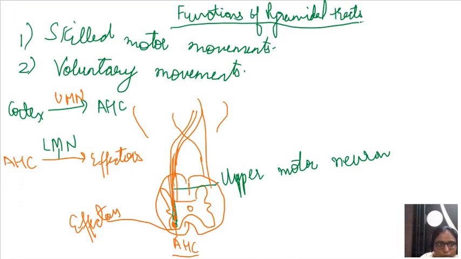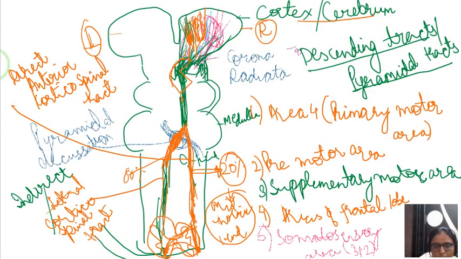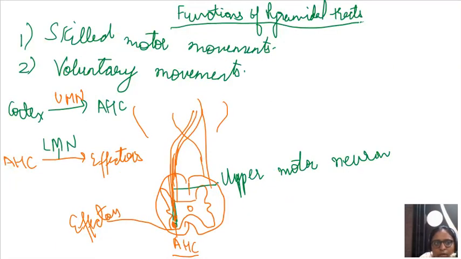Let me take the new slide. Yes, we will see the differences. Now I'll talk about the lesion. See, you have this tract, right? Up to the anterior horn cell, this is your upper motor neuron, and from the anterior horn cell to the effector organ, these are your lower motor neurons.